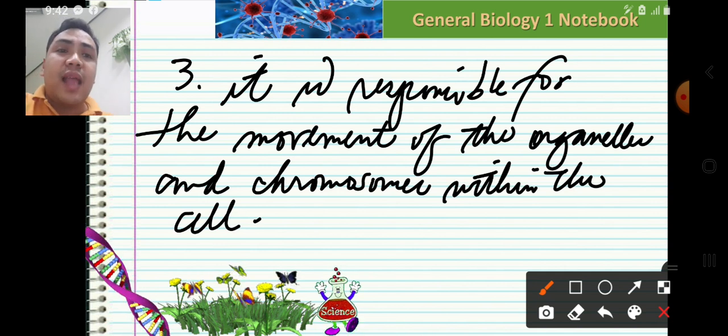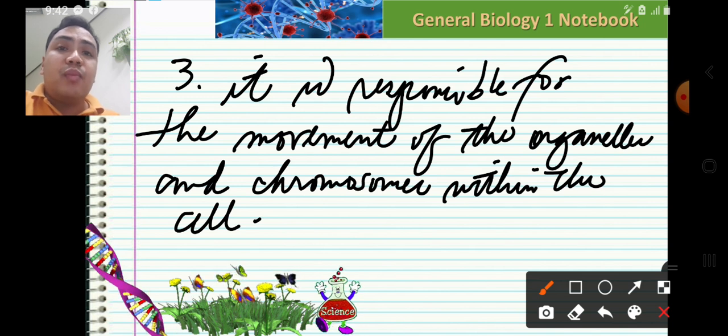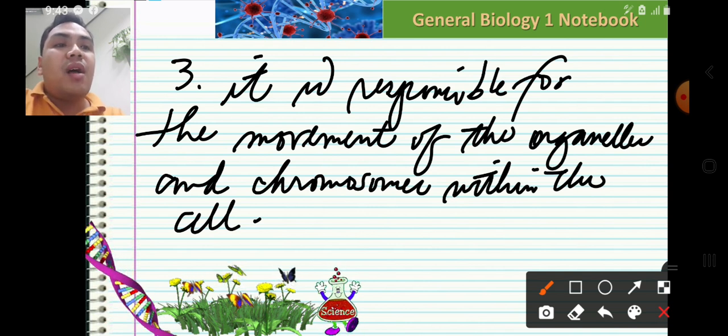Did you know, class, that different organelles as well as chromosomes can move from one place to another within the environment of the cell? And it is possible because of the presence of the microtubules. So microtubules are responsible for the movement of the organelles and chromosomes within the cell.